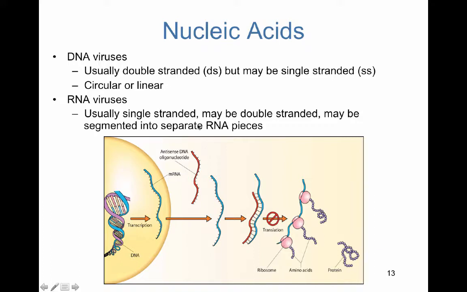Also, you may see throughout your reading a DNA or, more appropriately, an RNA virus labeled either positive or negative RNA, or analogously, sense or antisense RNA virus. What that is referring to is the strand of RNA that will be translated to make the protein.